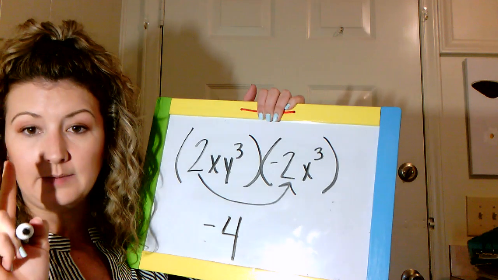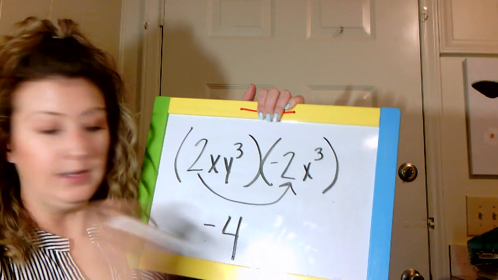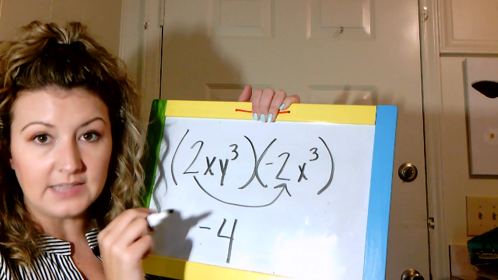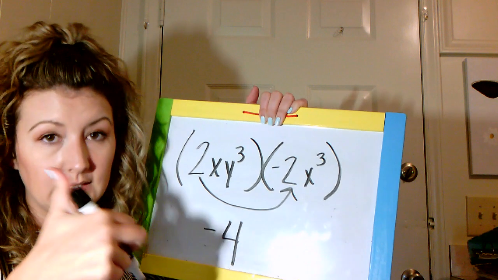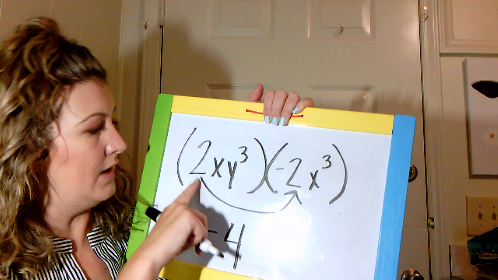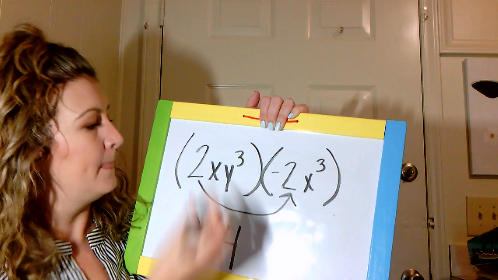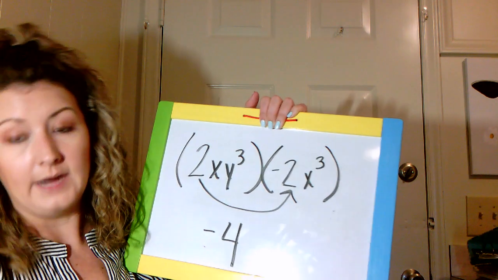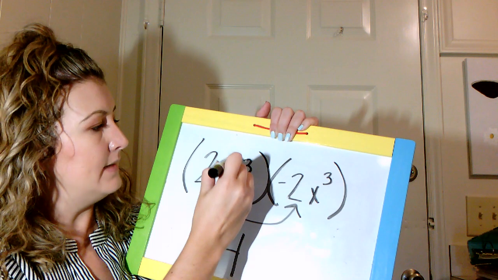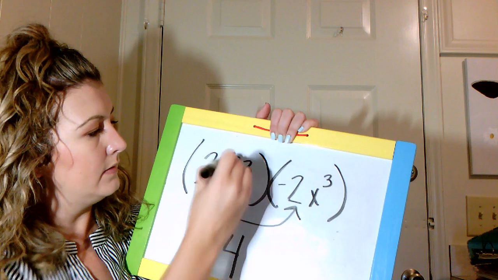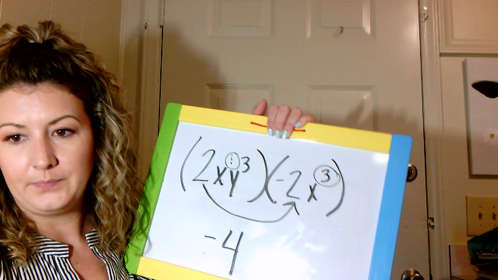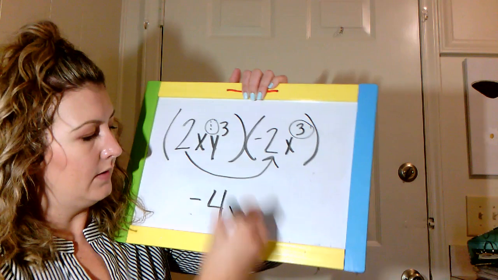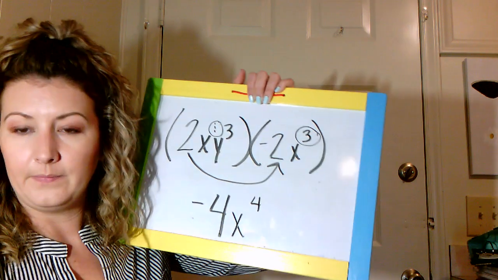Remember, if the signs are not the same, it's not good. That's negative. If the signs are the same, that's good. That's positive. But these are not the same sign, so we have to keep it negative. Now, let's combine our exponents. So this x has an imaginary 1, and this x has 3. What's 1 plus 3? 4.